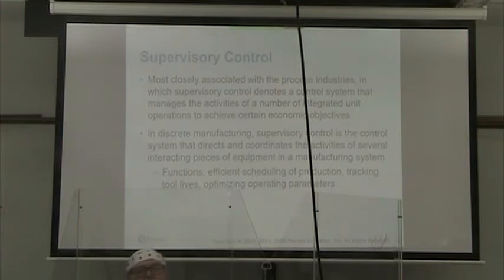Supervisory control, usually we associate that with process industries where supervisory control has a control system that manages the activities of integrated unit operations to achieve certain economic objectives, like making money.